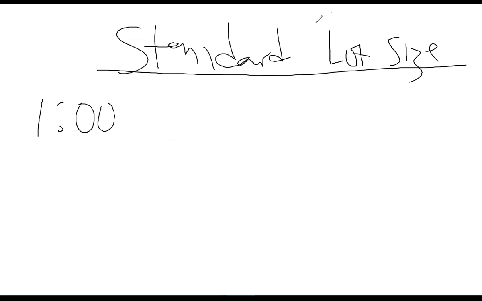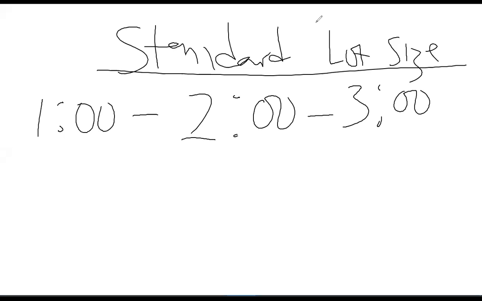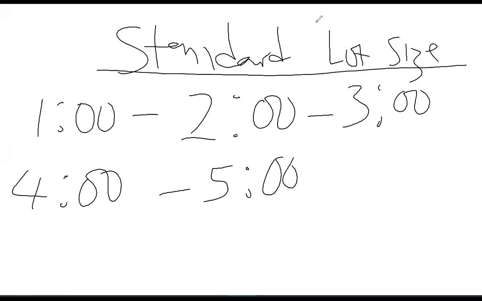Now, 1 is a whole number going to what? 2.00, going to what? 3.00, going to what? 4.00, going to what? 5.00, going to what? 6.00. And it continues like that till infinity.